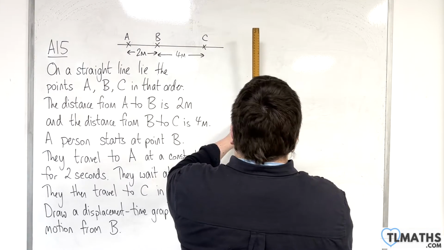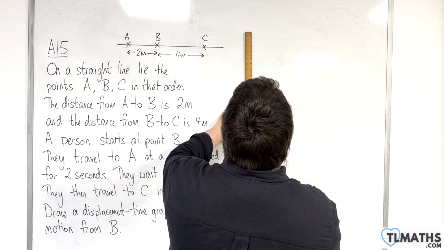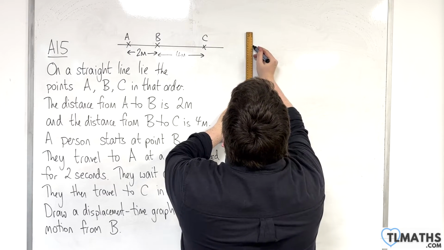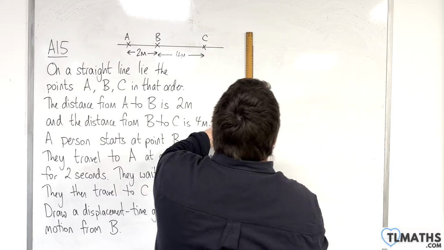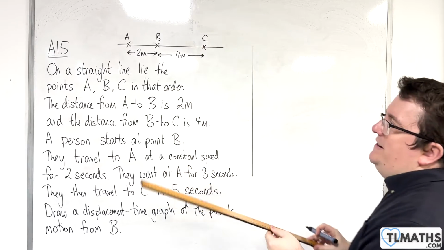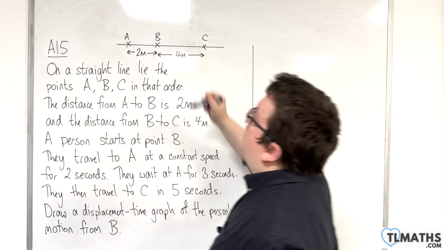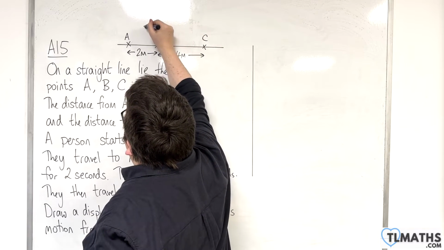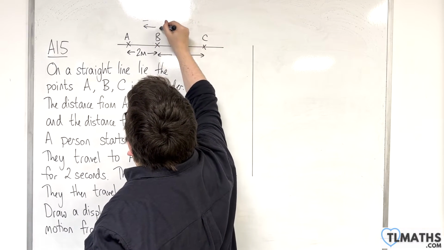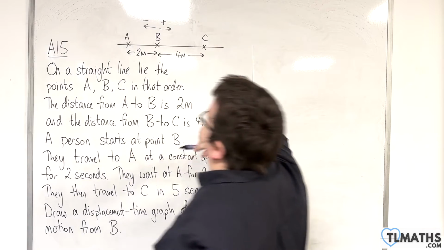So let's draw ourselves some axes so we can visualize what's going on. Now, because the motion initially starts moving to the left, we're going to take to the left of B to be a negative direction and to the right of B to be positive.